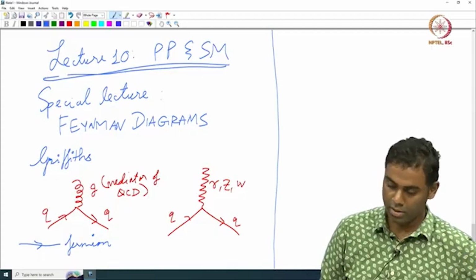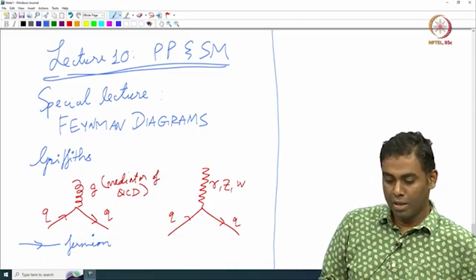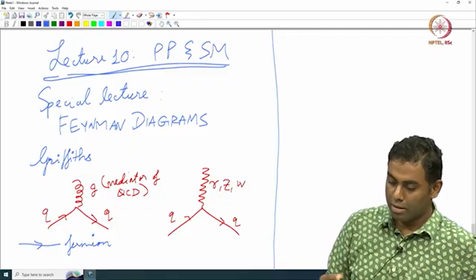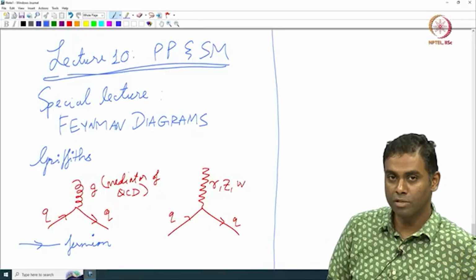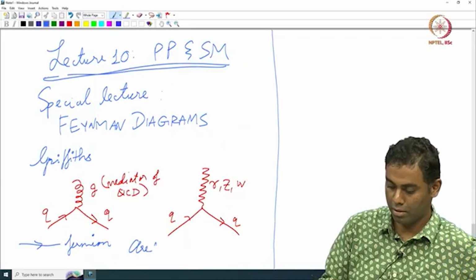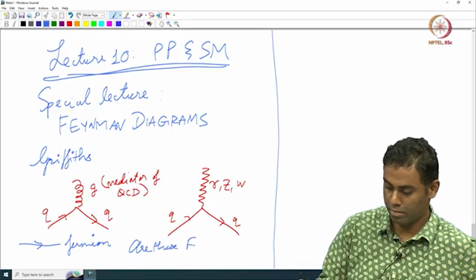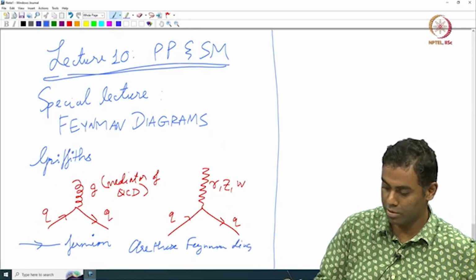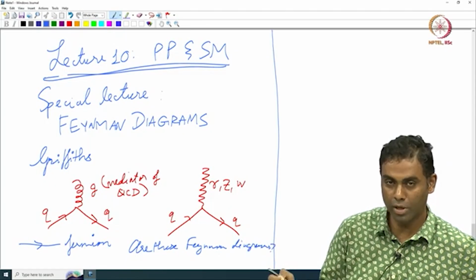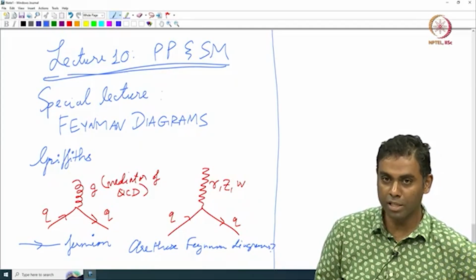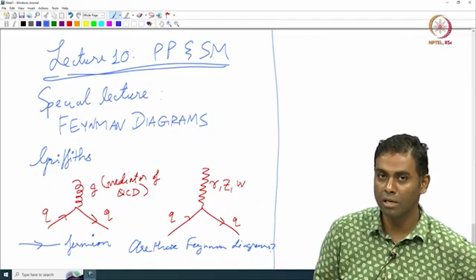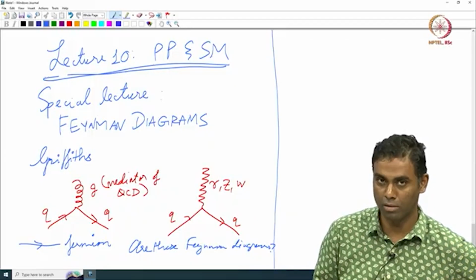All right. Here is the thing. The things that I have drawn here, are these Feynman diagrams? The answer is no, these are not Feynman diagrams. These are basically just the interactions allowed by the symmetries of your theory, in this case the standard model.